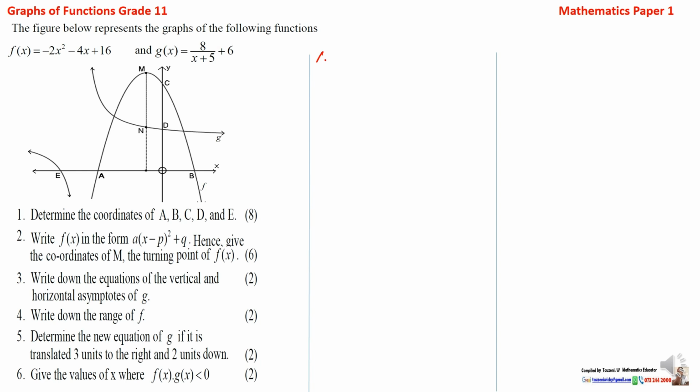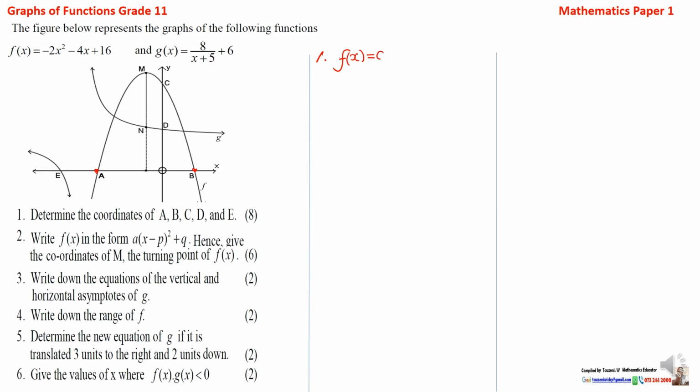If you look at our graphs, we can see that point A and point B are the x-intercepts of the parabola. To determine the x-intercepts of any function, we equate the equation to 0. To determine the x-intercept, we substitute y with 0.